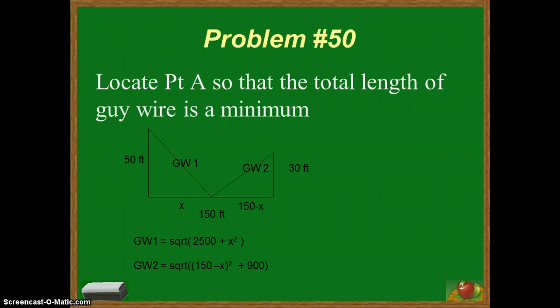Using the Pythagorean theorem, the length of guy wire 1 is the square root of 2500, which is 50 squared, plus x squared. And the length of guy wire 2 is the square root of (150 minus x) quantity squared, plus 900, which is 30 squared. You follow?